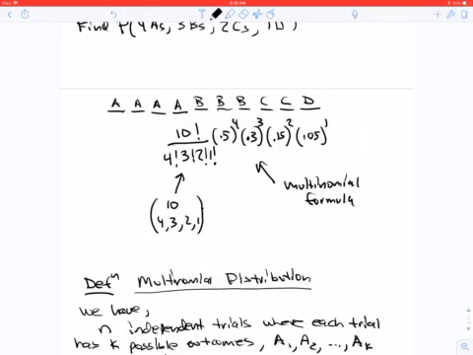Call it 10 choose 4, 3, 2, 1. So out of 10, we're choosing 4 A's, 3 B's, 2 C's, 1 D. This is a generalization of choose, when we usually write, for example, 10 choose 4. You could write that as 10 choose 4, 6.